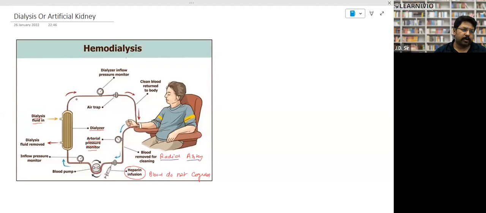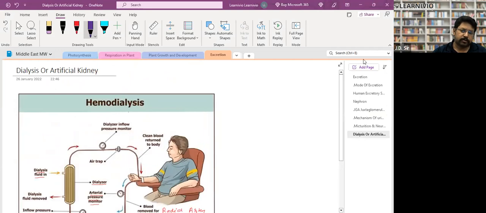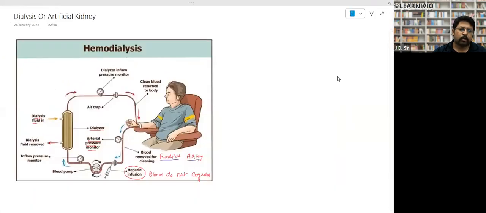The pure blood, when the urea is removed, goes back to the body again, inserted inside the hand, right? So this is the artificial kidney. This treatment is given to those whose kidneys are not working, right? So this is called dialysis. Hope it is clear to all of you.